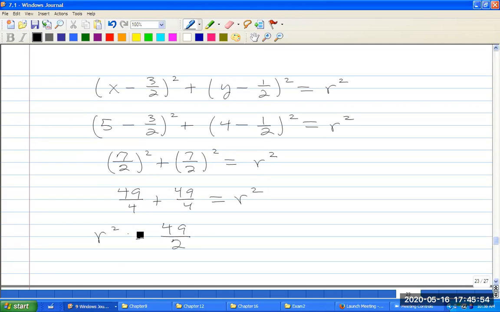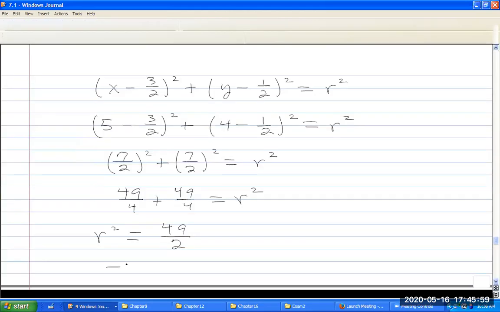So I can determine the equation of my circle in standard form.